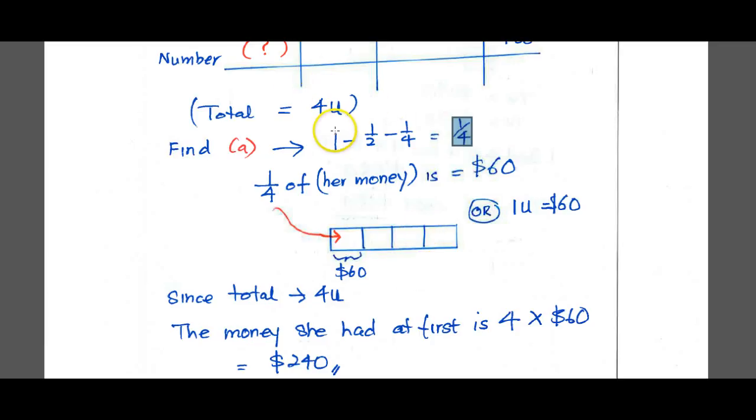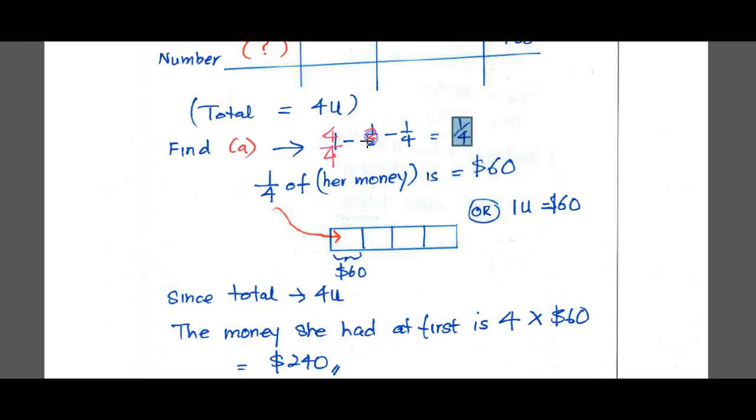This is 4 over 4. 4 over 4 minus 2 over 4 minus 1 over 4. I convert the denominators to be the same. Maybe not to confuse you, let you understand. This part is actually 4 over 4.